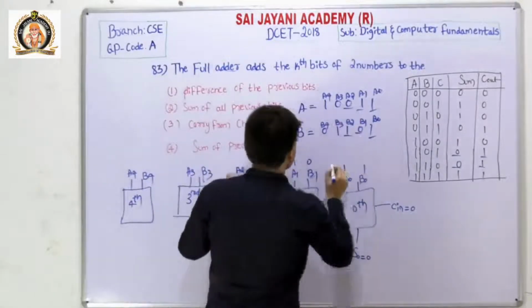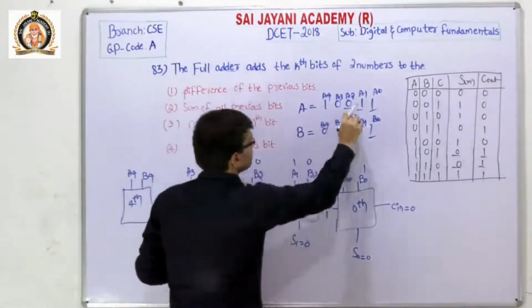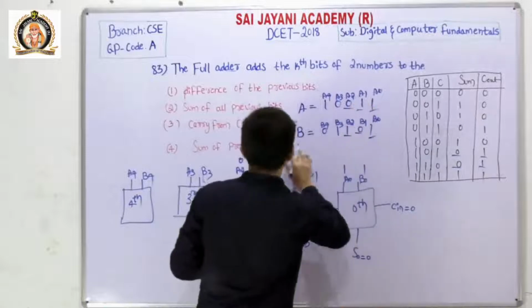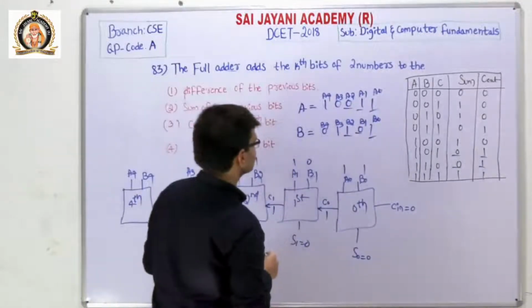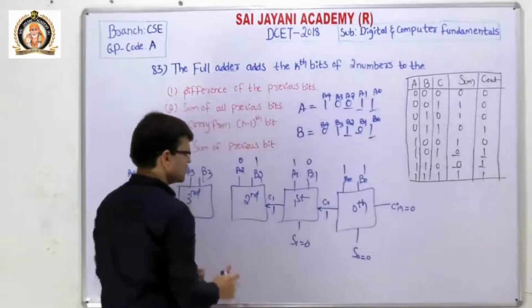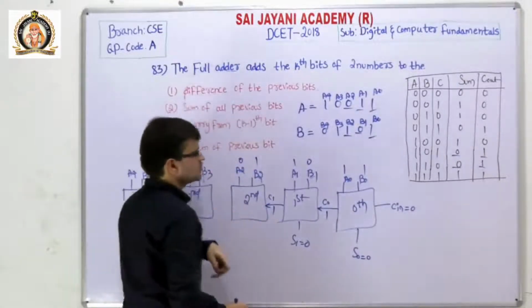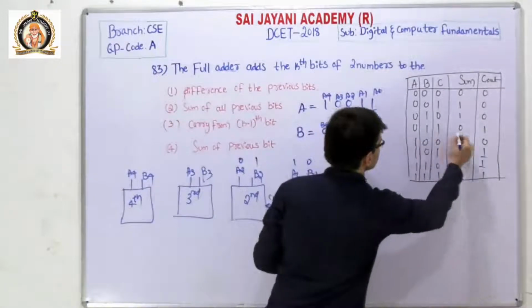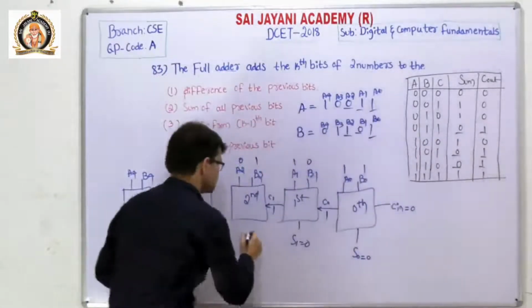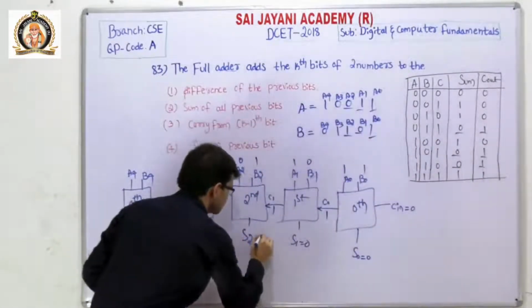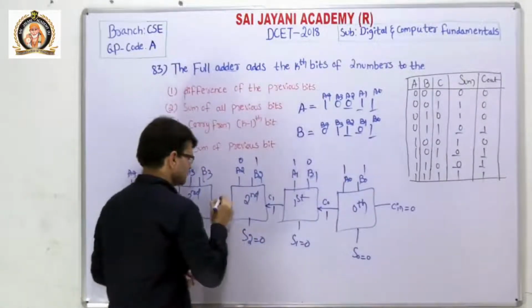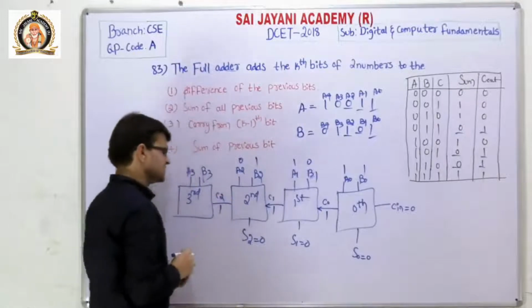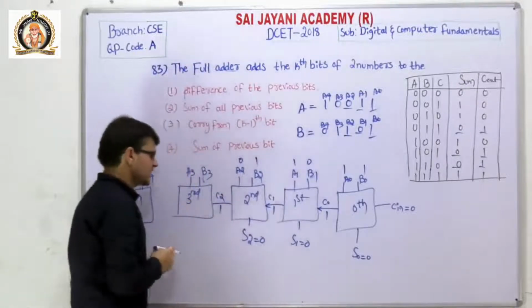Here A2 is 0, B2 is 1, and C1 is equal to 1. For 0 1 1 sum 0 carry 1, and this carry is generated from second full adder, so we have to consider it as C2, and this is applied to the next full adder.